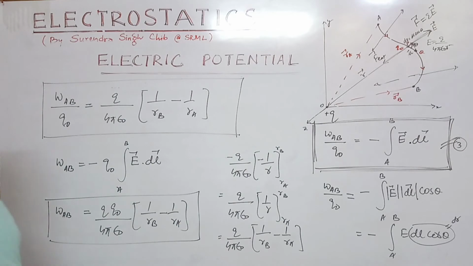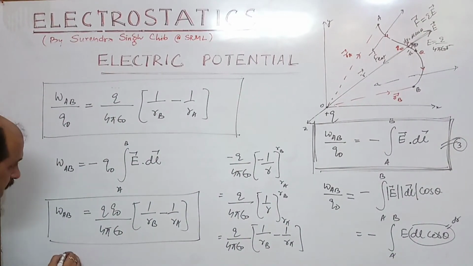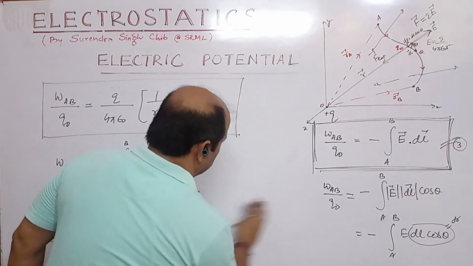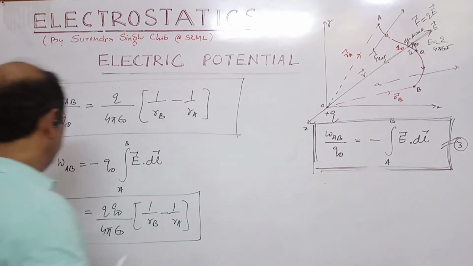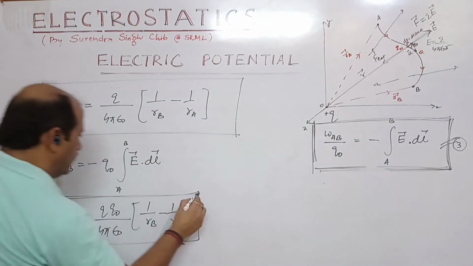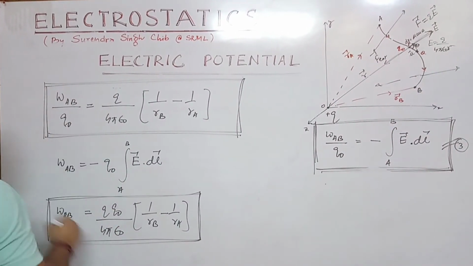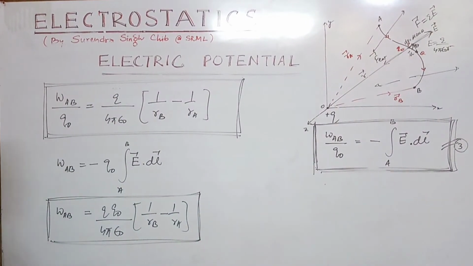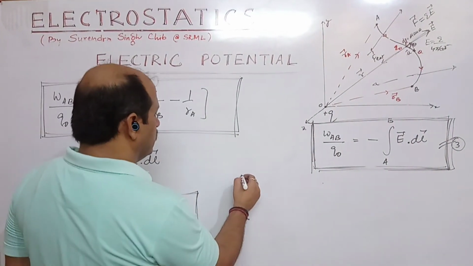Now, if I want to prove that electric field is conservative, let's play with this formula. Let's first of all take this.